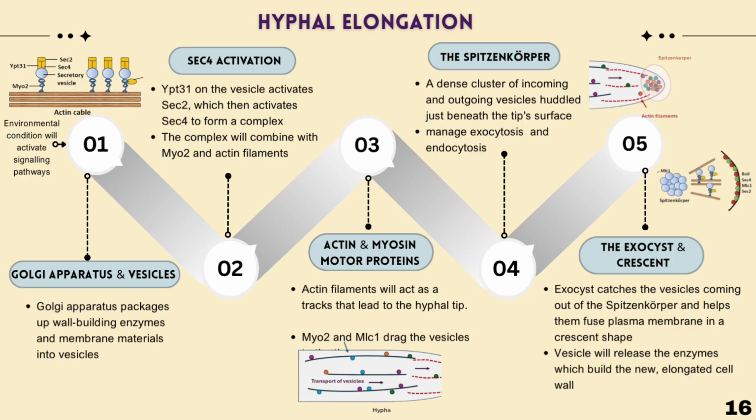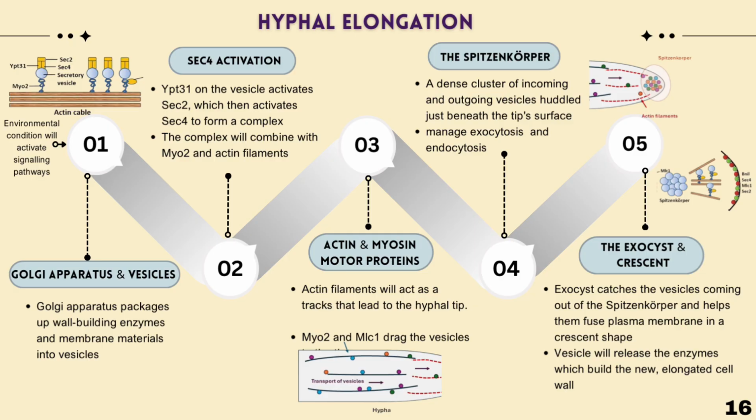It gathers thousands of these transport vesicles, keeps them organized, and plays a dual role in managing both exocytosis and endocytosis. Exocytosis is the outward secretion of enzymes and membrane materials, and endocytosis is the process of recycling excess membrane backward to keep the growth zone focused.